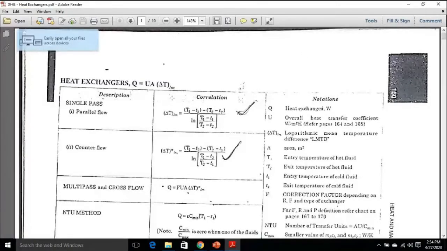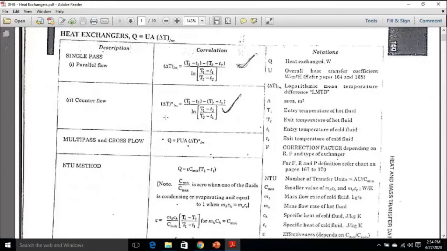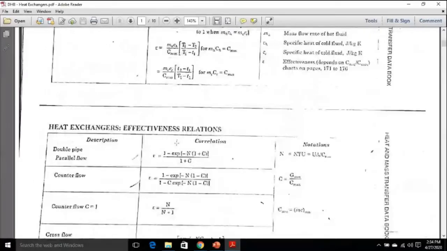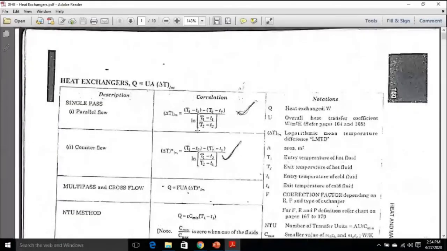These are the pages on heat exchangers from the data handbook, CP Kothandaraman. Here the first relations are for LMTD.